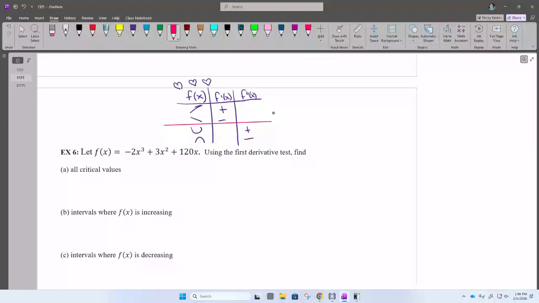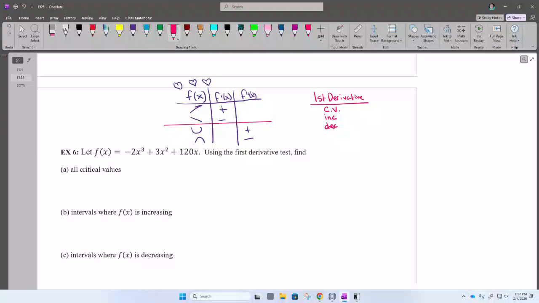Okay? So, since the first derivative tells us things about our original function, and all questions are about our favorite original function, the first derivative actually tells us 5 things about our original function. It gives us any critical values we might need to find. It tells us if our original function is increasing.